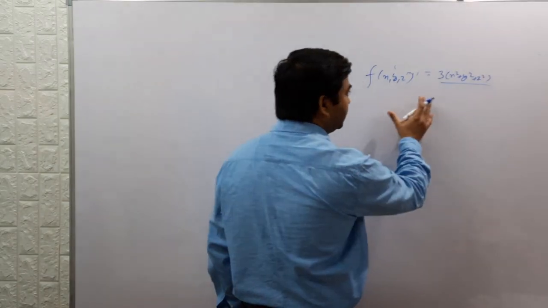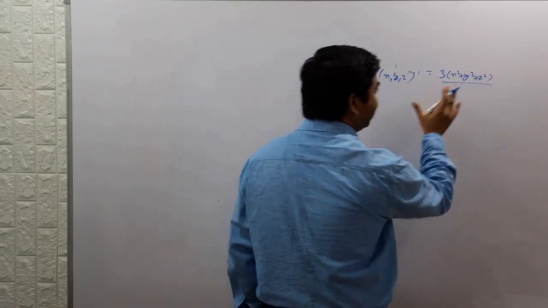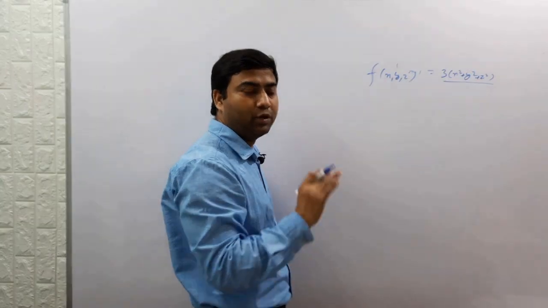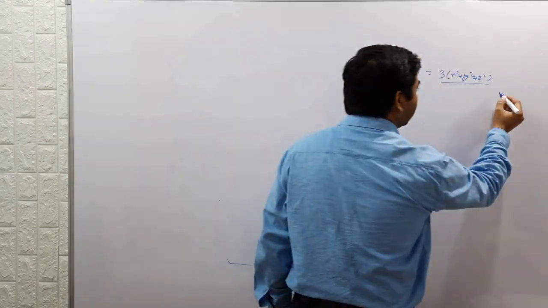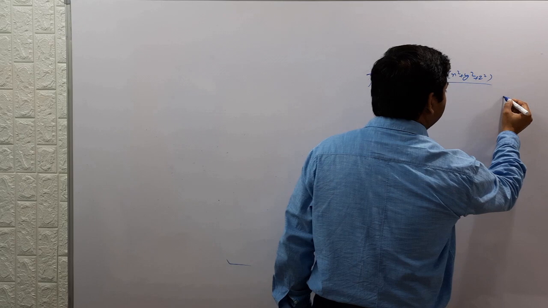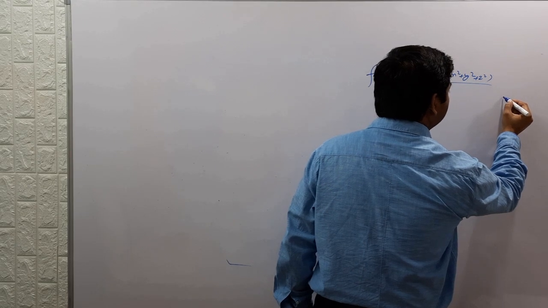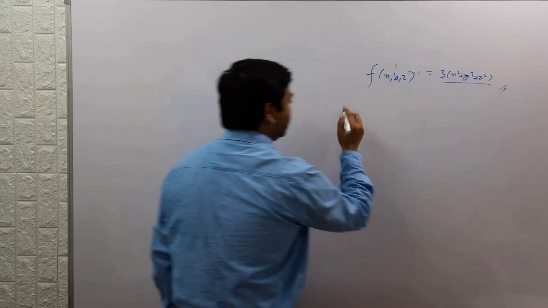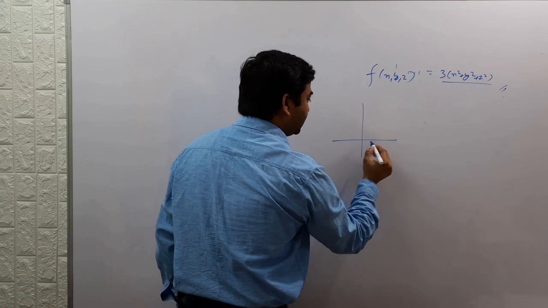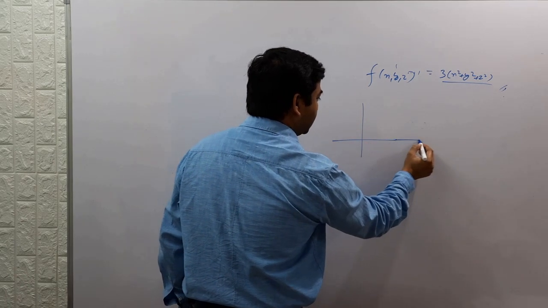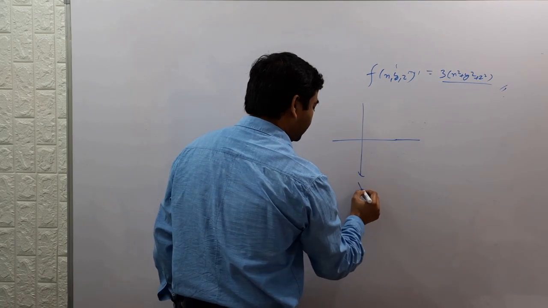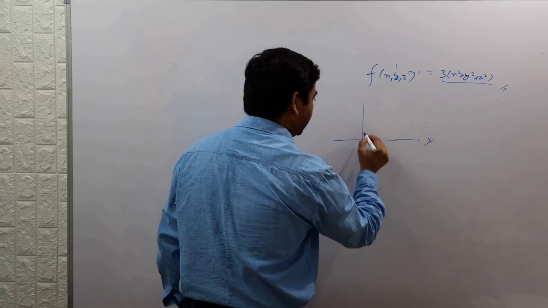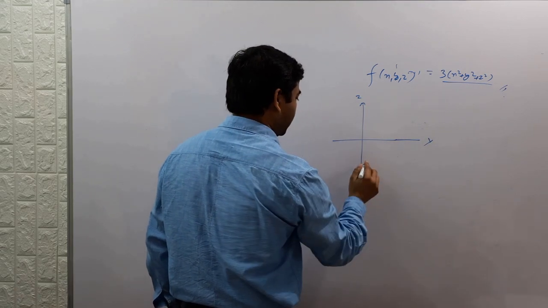Let us assume that this function gives the density in the region at point (x, y, z). Okay, so let us take x, y, z.